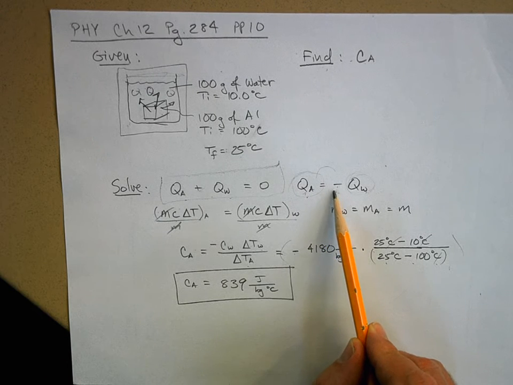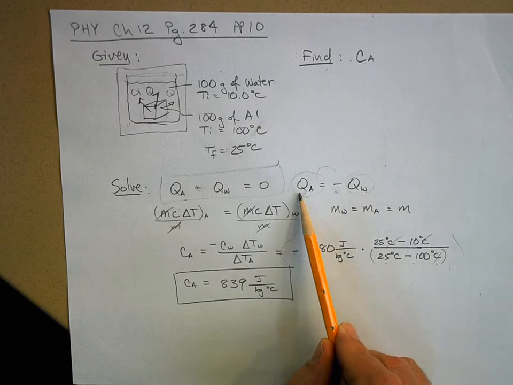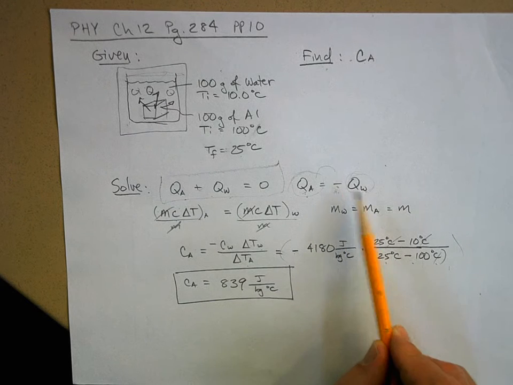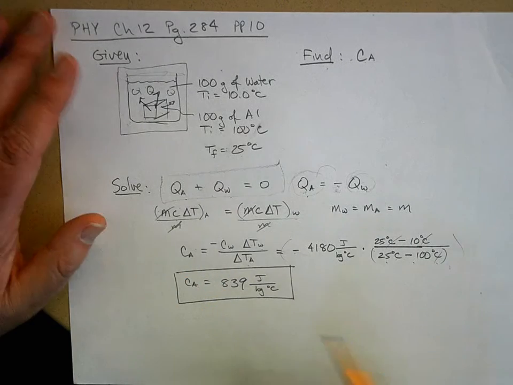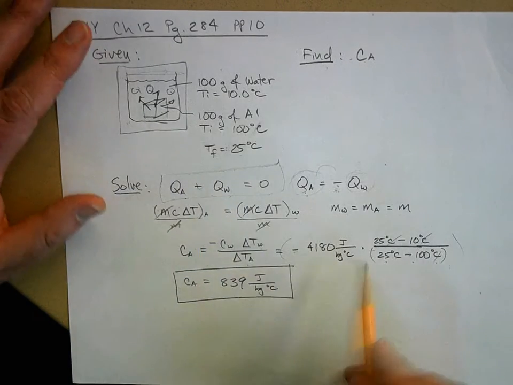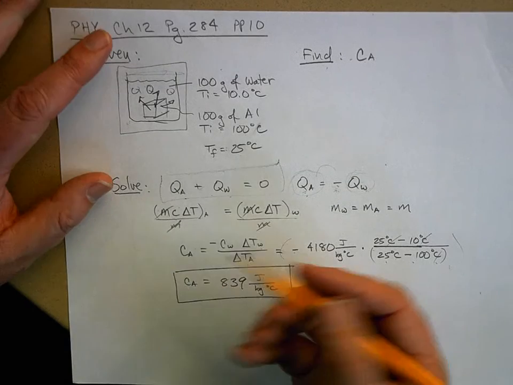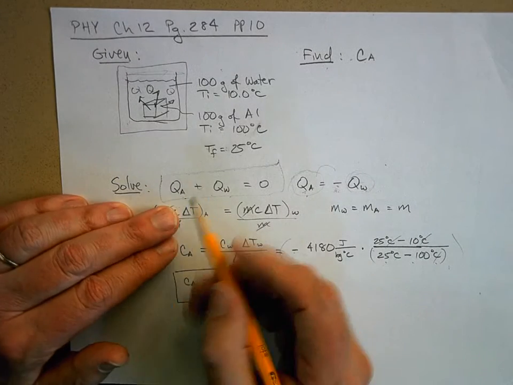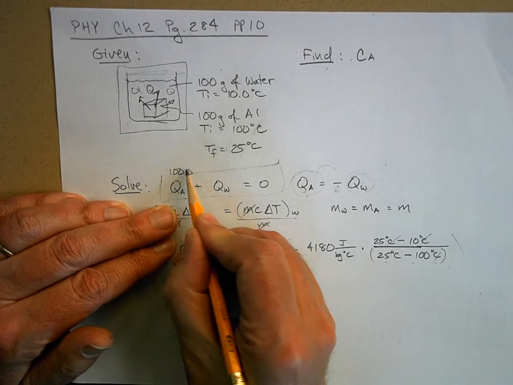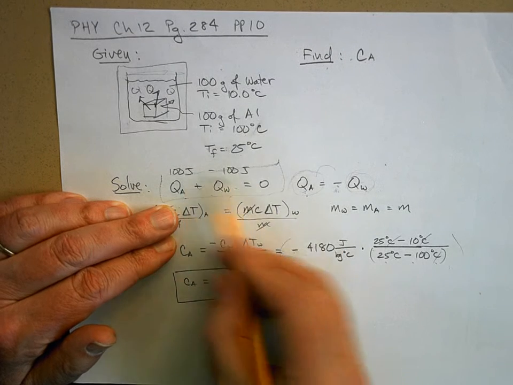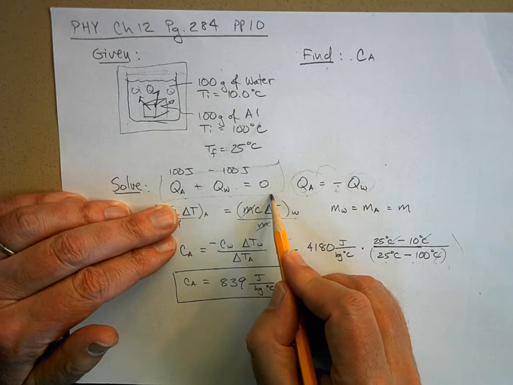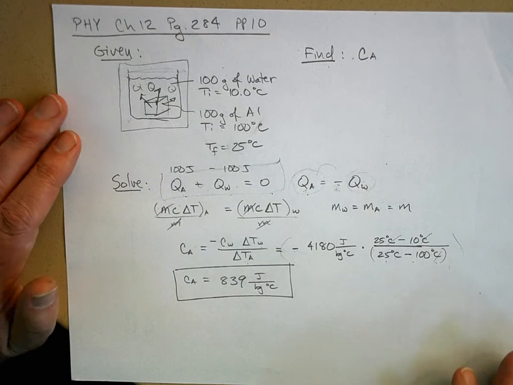The heat of the aluminum is flowing out, but it's equal to the heat flowing into the water, so they have to be opposite signs. I don't know what the exact values are, but let's say this is 100 joules and this would be negative 100 joules, so that when I add them together, I get 0. Okay, I tried. I hope that makes sense.